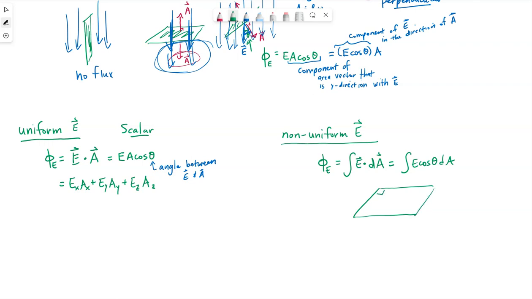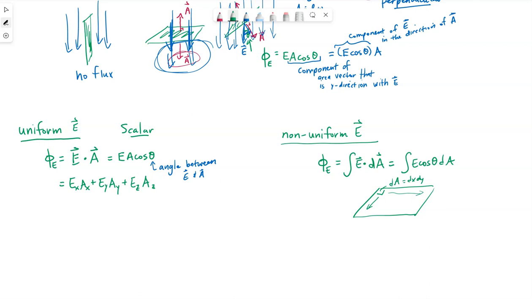Our area would be little pieces of area, so a little dx times a dy. And we end up having a double integral because we have to integrate over x and y, both. So both over this way and this way.